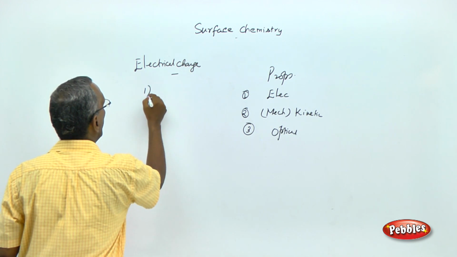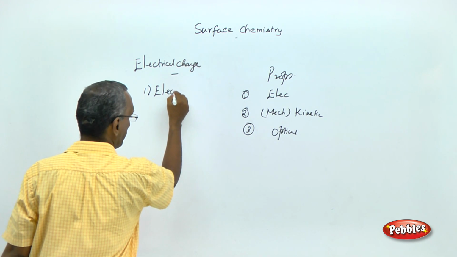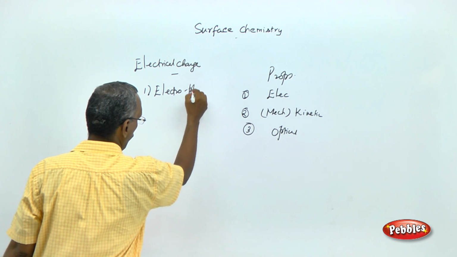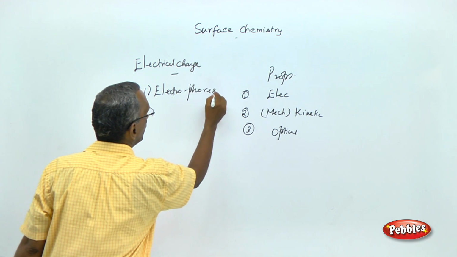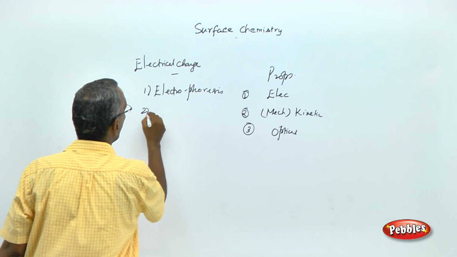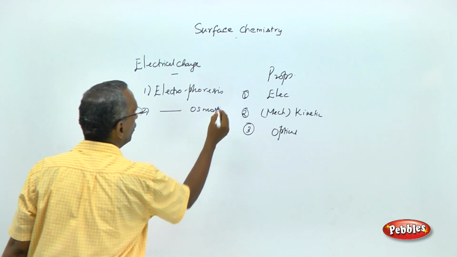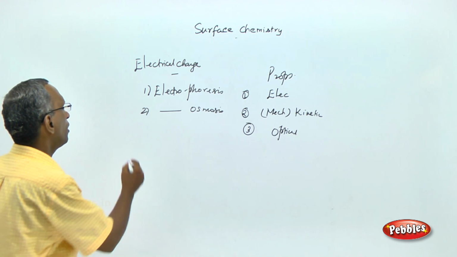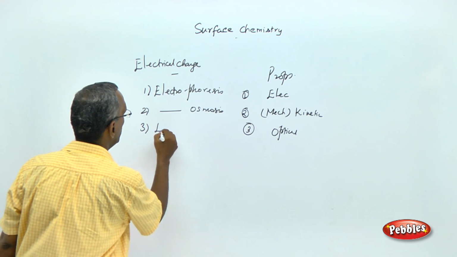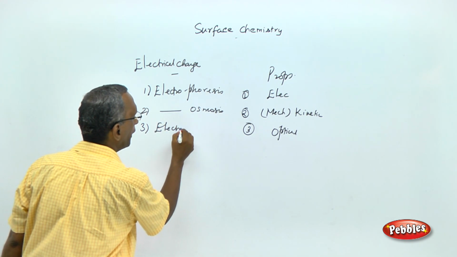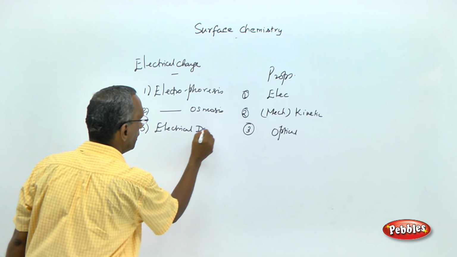First one, electrophoresis. Second one, electroosmosis. Third one, electrical double layer, which is the formation of a double layer.